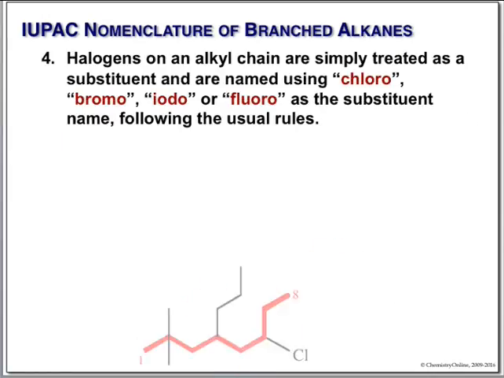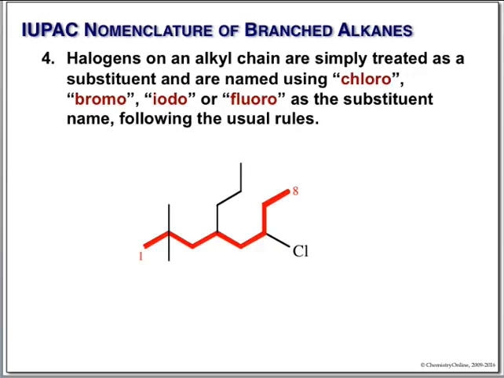Now our last rule has to do with things like halogens. Halogens have very low priority. We just pretend that they're like hydrogens, except of course they're not. So here, instead of a methyl group, I just put a chlorine on. Okay? So now what do we have in our molecule? On carbon 2, we have 2 methyl groups.